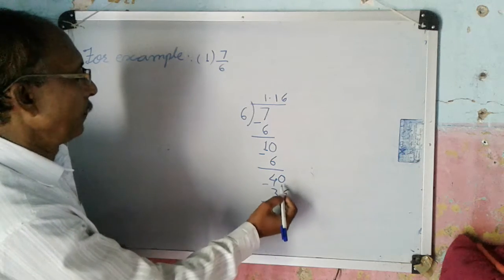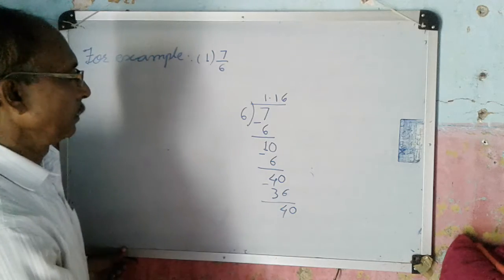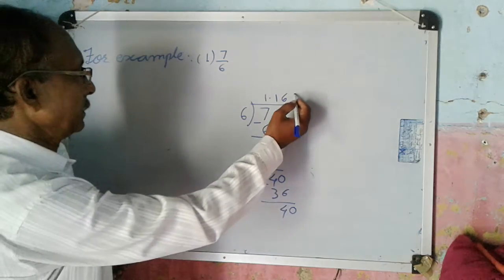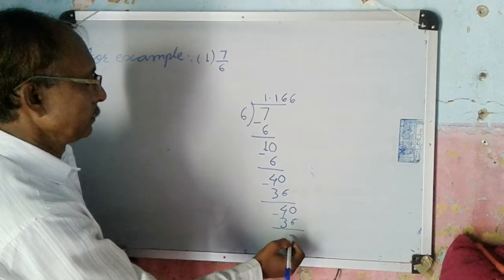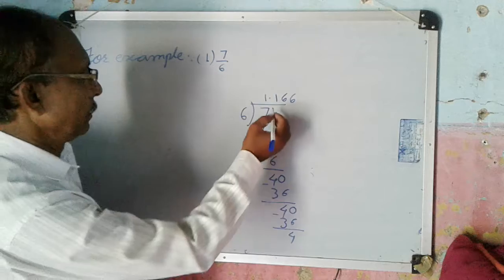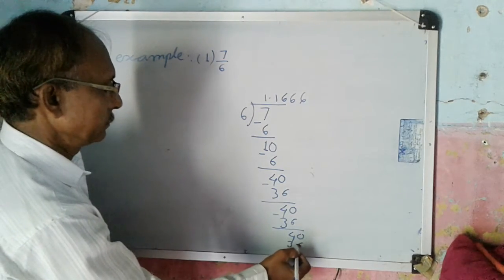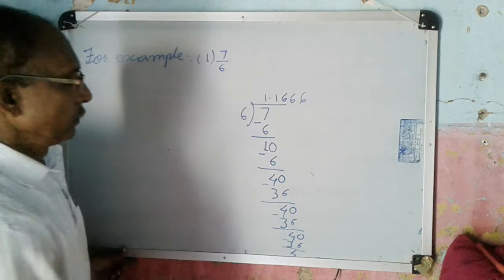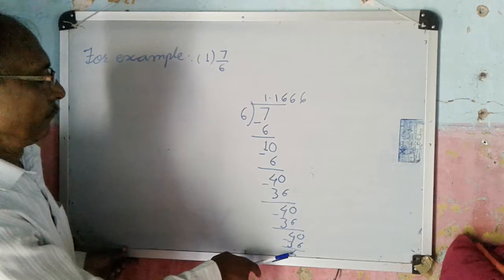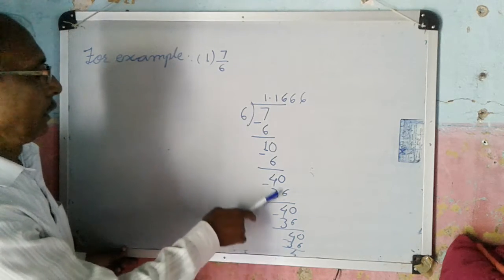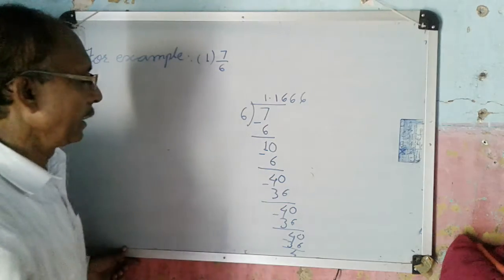Now here 40 minus 36 we get 4. So again write 0 after 4, again divide, 6 6s are 36. Remainder is 4, again write 0 here, 6 6s are 36. So after this, every time we get remainder 4 and every time we get quotient 6, and this process is infinite.